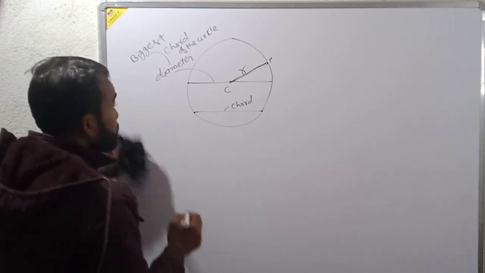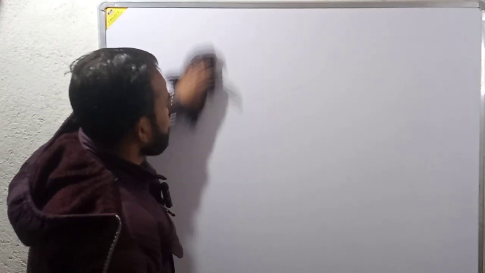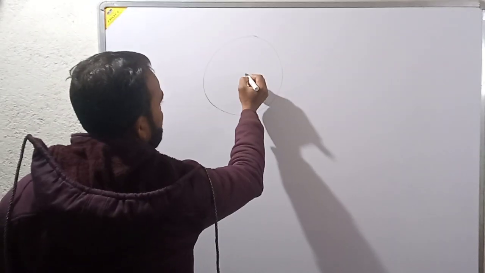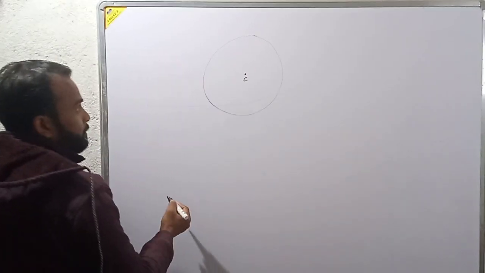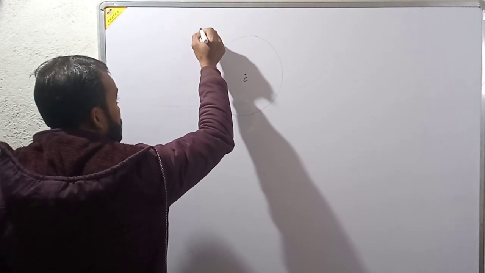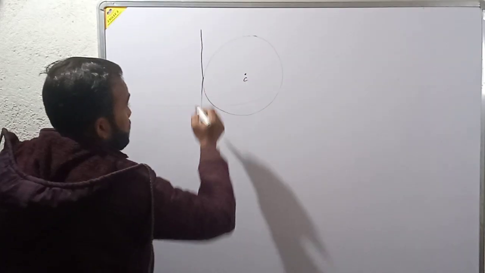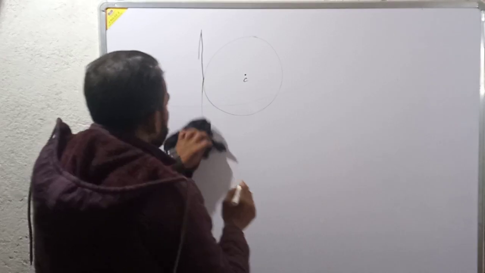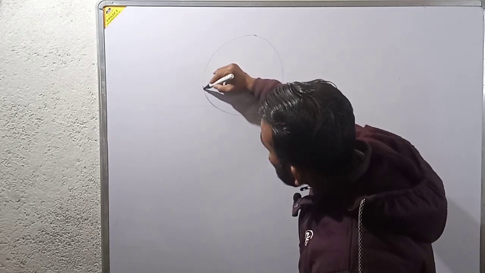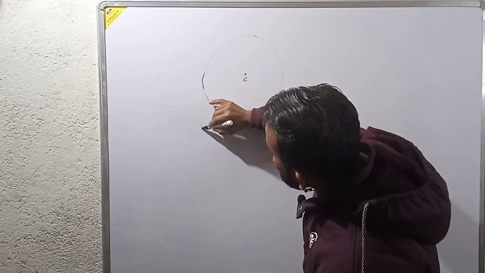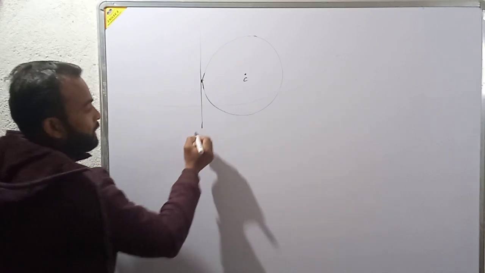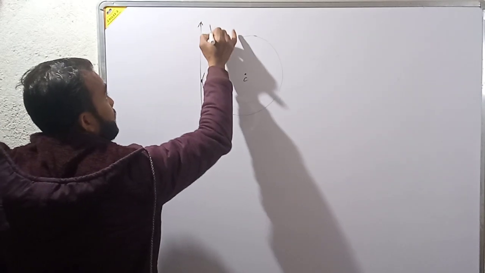Now, let me suppose this is a circle and this is the center point C, and a line only touches this point. This is the tangent.